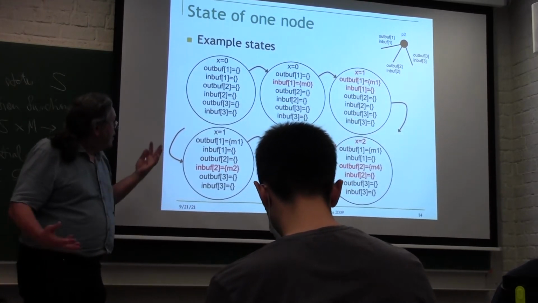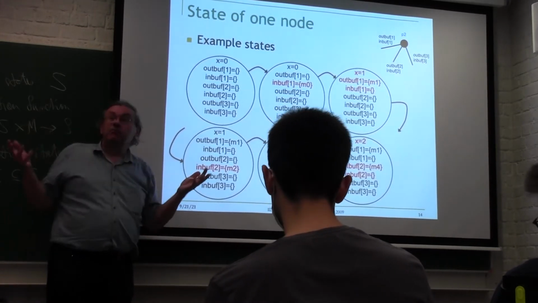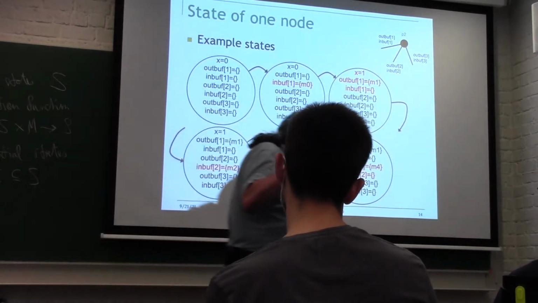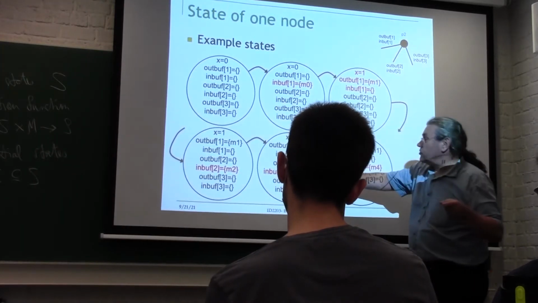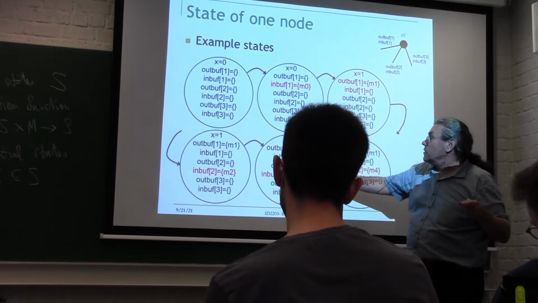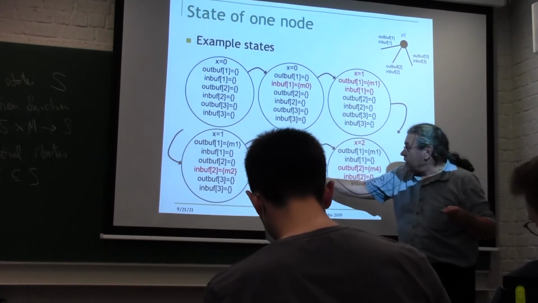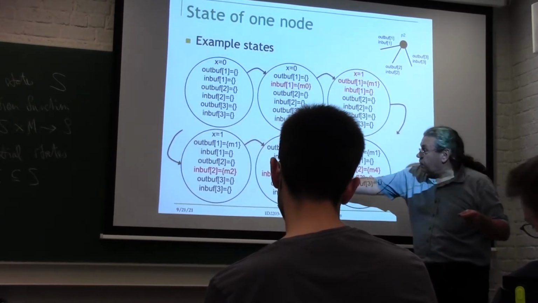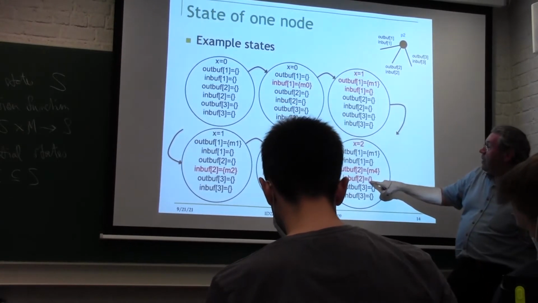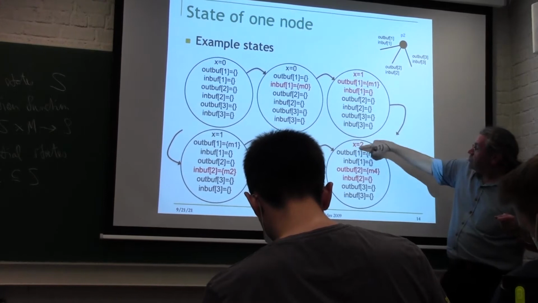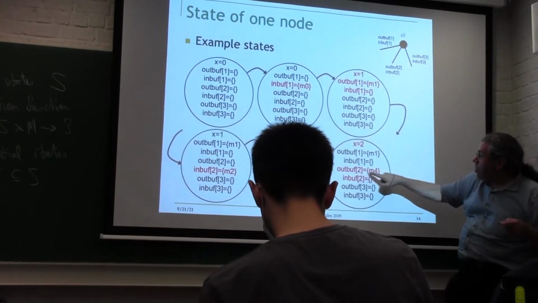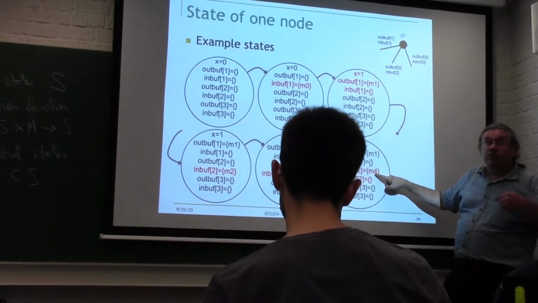But this is a state machine, so there's some non-determinism here. Another message comes in, M3. So far I have not done any transition yet. And then I take both messages out, so inbuff 2 becomes empty. I do a computation, so I change the variables, and in this case I'm also sending a message. So you see how it works.